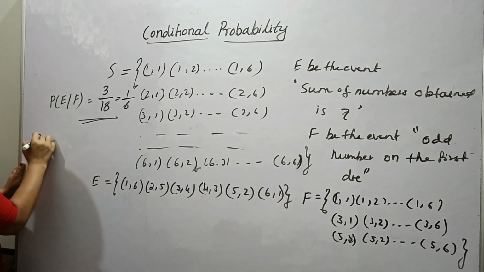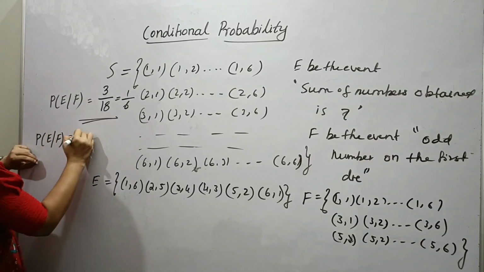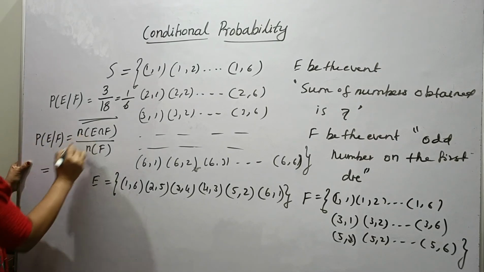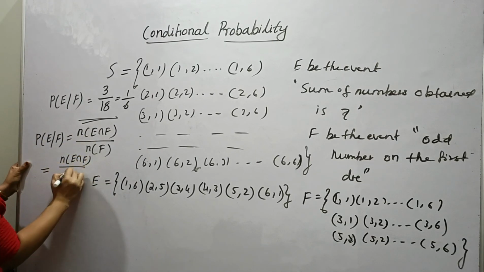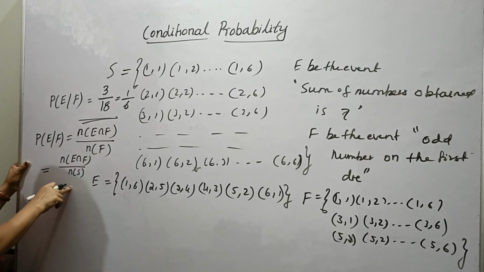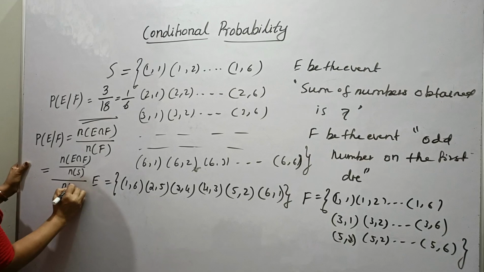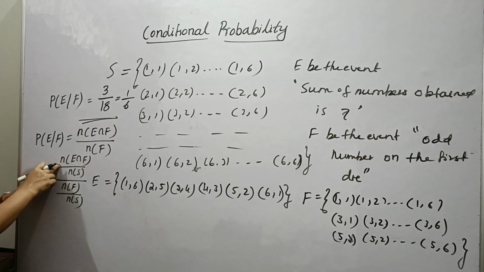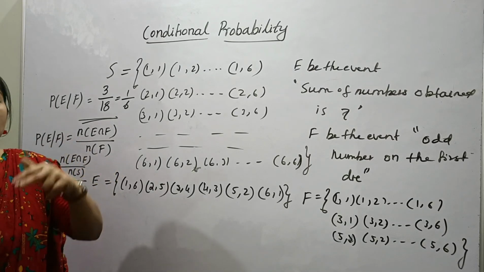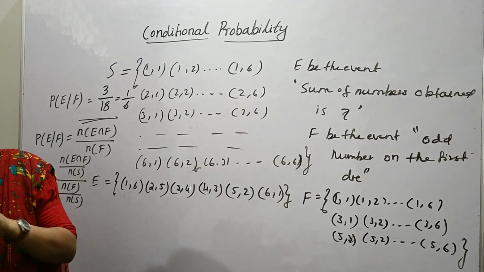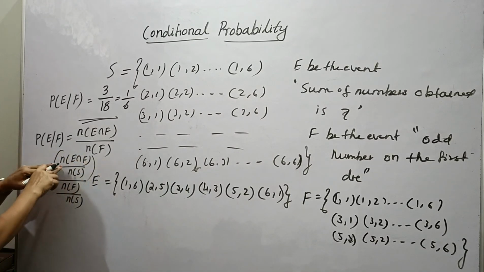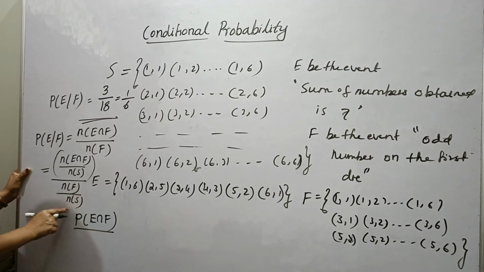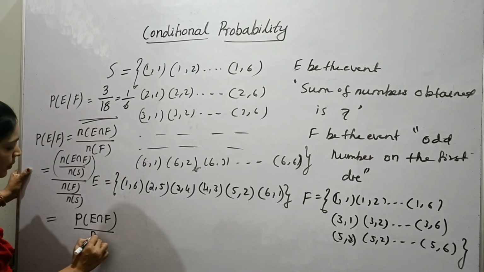So the formula: the number of E intersection F divided by the number of S, the total number of elements in the sample space, over the number of F divided by the number of S. Since probability is the number of favorable outcomes divided by the total number of outcomes, this is nothing but probability of E intersection F divided by probability of F.